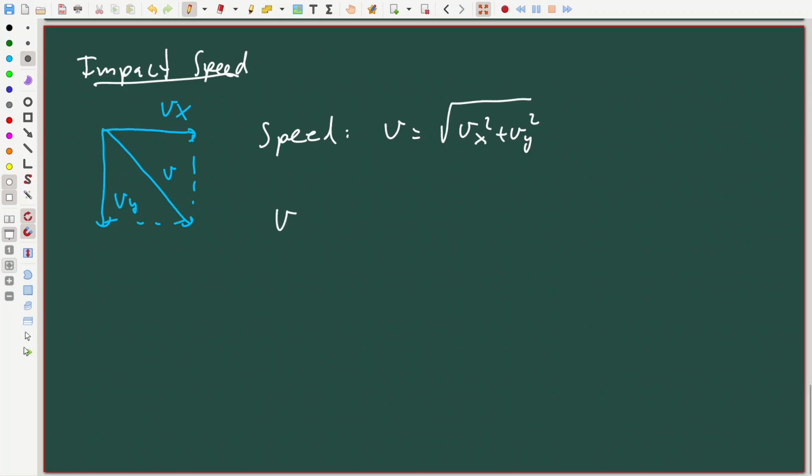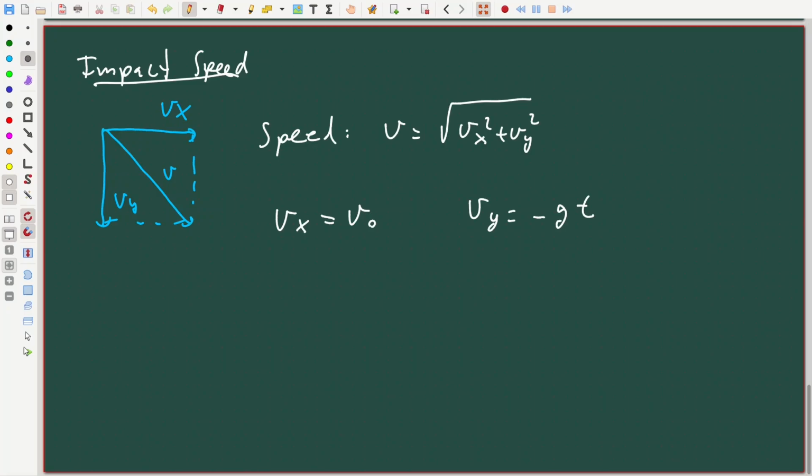As I said in the beginning, vx is constant and does not change in time. It is just our initial speed v0, and our value vy would be given as minus g times t, acceleration times time, as we have also said before.